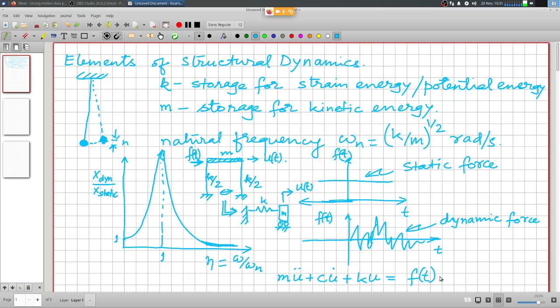This equation can be solved, and we can find the maximum response for the given excitation. There are several numerical time marching tools available for solving this differential equation, but it is not very convenient, as you can see.